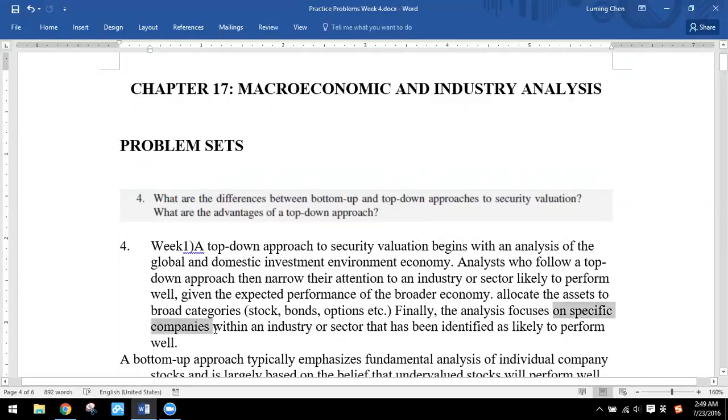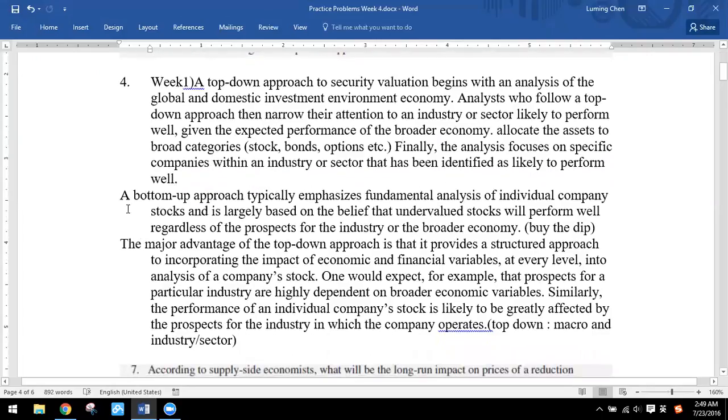finally specific companies. On the other hand, a bottom-up approach typically emphasizes fundamental analysis of individual company stocks and is largely based on the belief that undervalued stock will perform well regardless of the prospects for the industry or the broader economy. So in the trading community, we call this buy the dip.